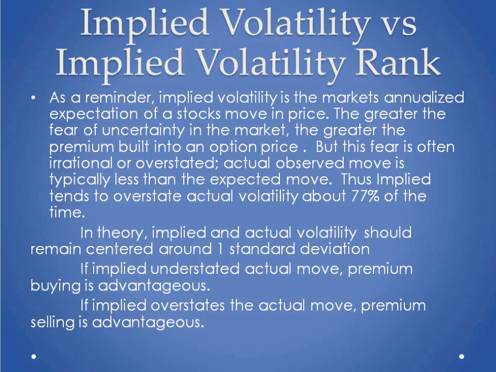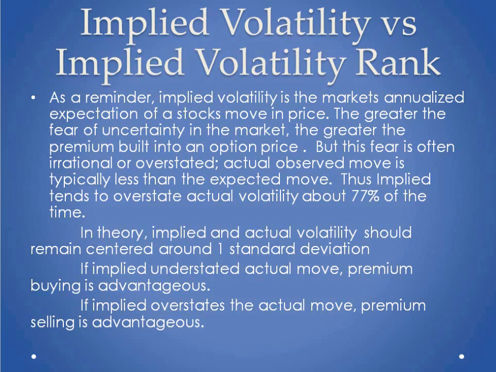Actual observed move is typically less than the expected move. Thus, the implied tends to be overstated about 77% of the time. So that's huge. And I'm going to get into this more in the webinars and the classrooms, how we can take advantage of some of these rules or some of these statistics.